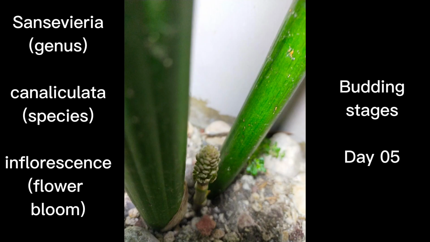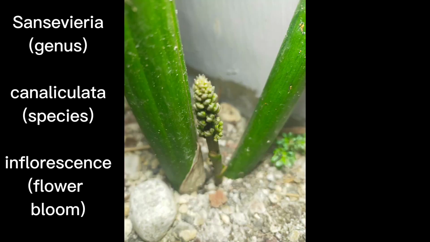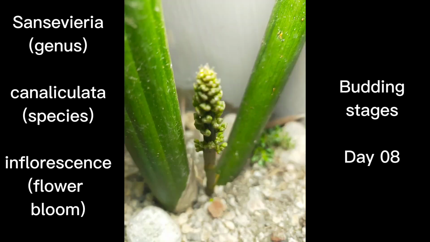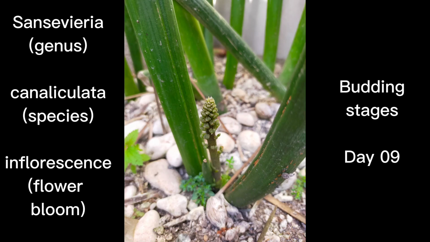Now we're on day 5, and we're going to record the progress of the budding stages and see how many days it takes this specific specimen or species to complete its final blooming stages.